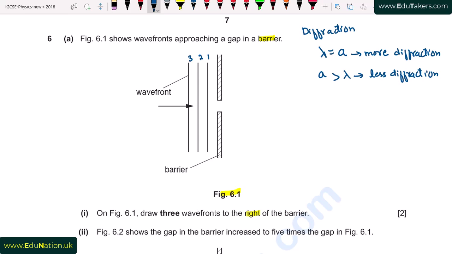So they will be bent into the circular shape, because here we can see that the wavelength between the wavefronts is comparable with the distance between these barriers. So there will be more bending or more diffraction. Now I will draw the rays here. They will bend into the circular shape.